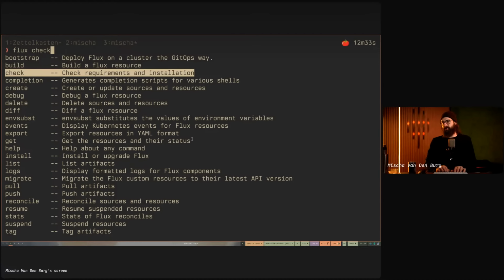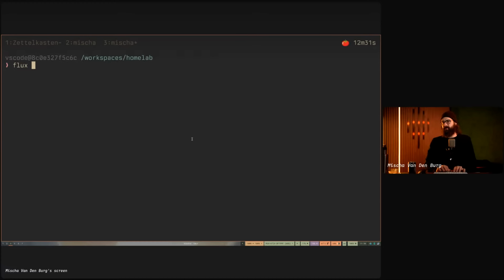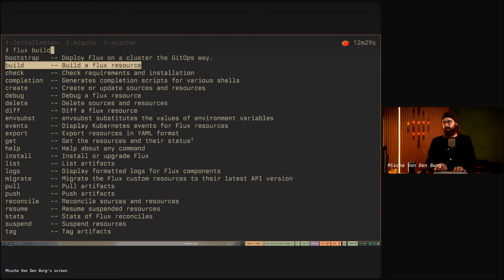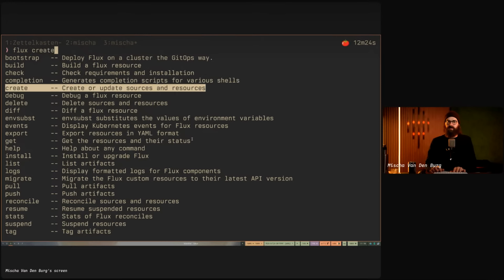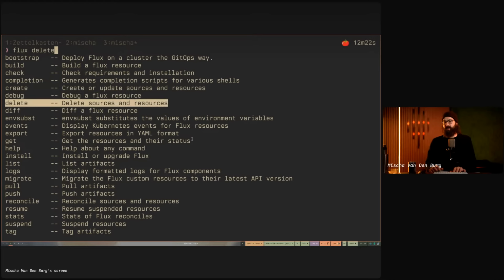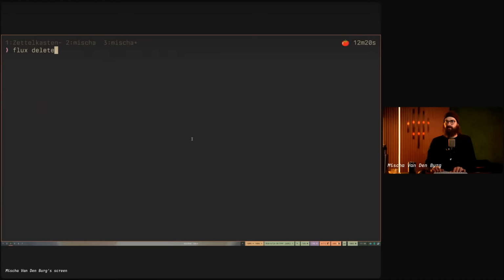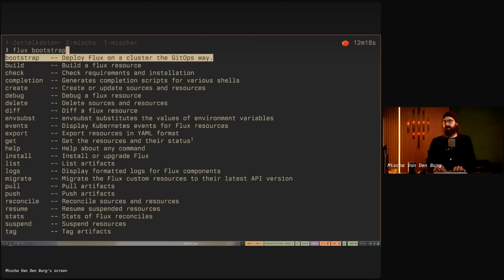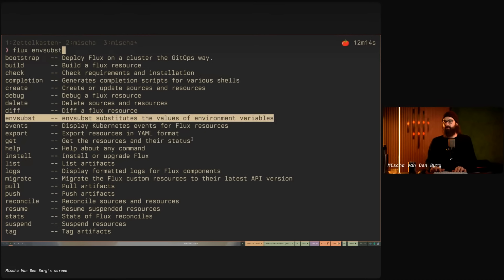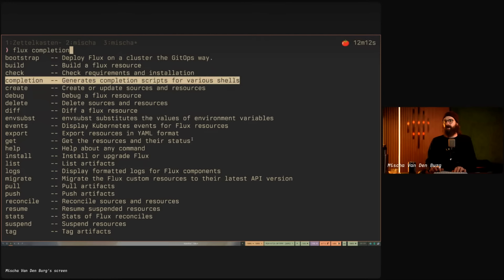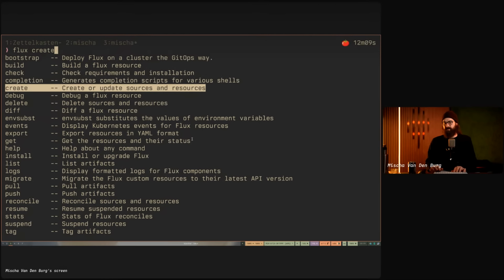Yeah. If I run the flux command, for example, this is going to show me a very nice menu that I can tab through, and I can read the help while I'm doing it. This is the only reason why I use Z shell, basically, because it's so easy.